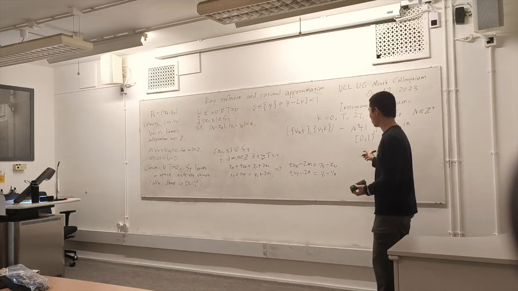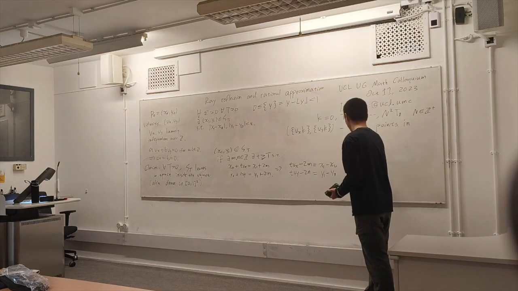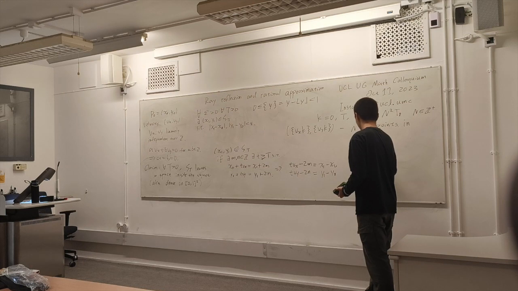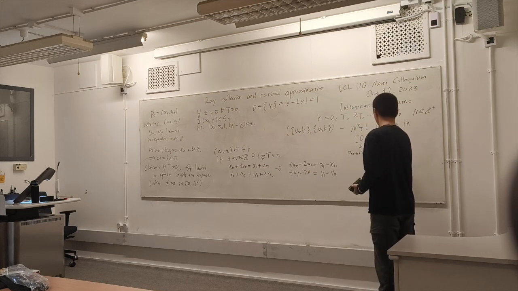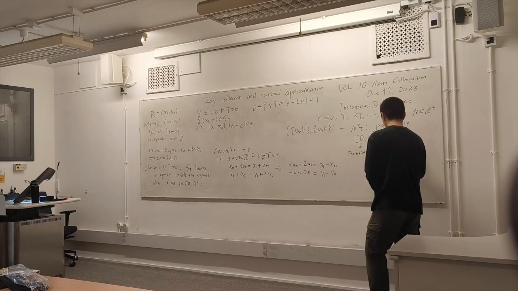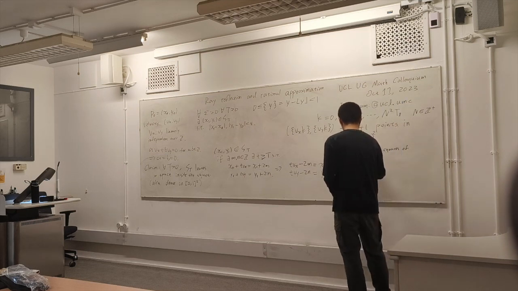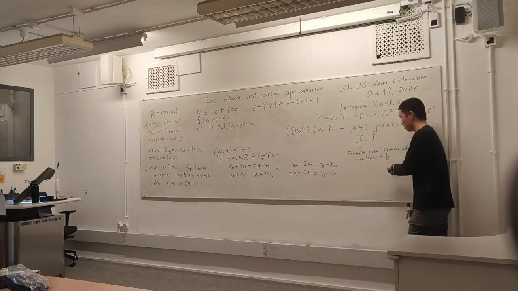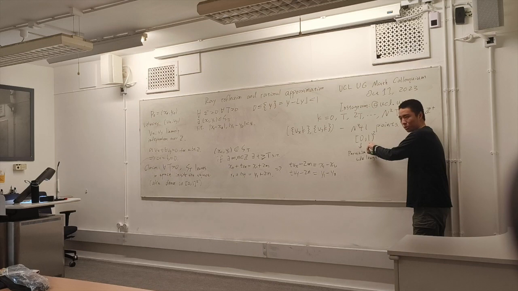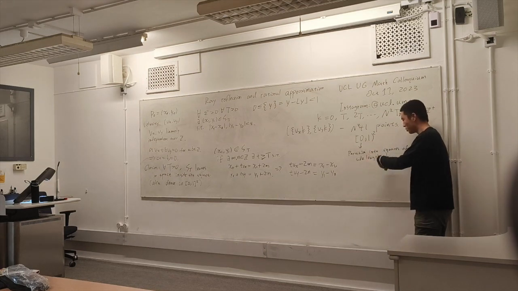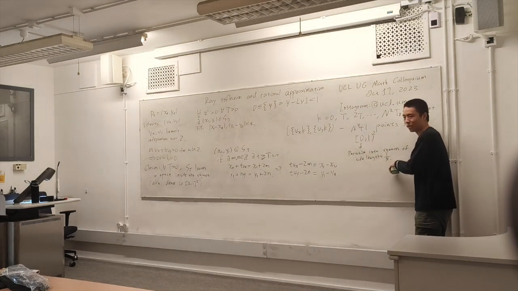Okay, so now we are going to partition this into smaller bits. We want to partition this larger unit square into squares of side length 1 over n.